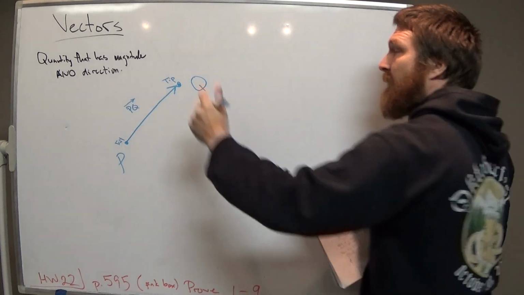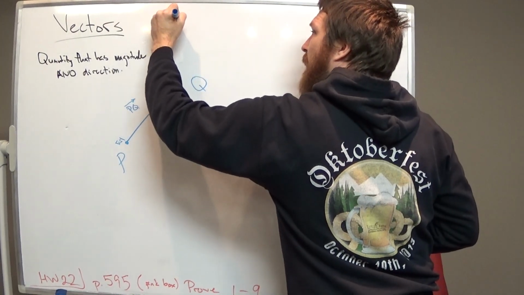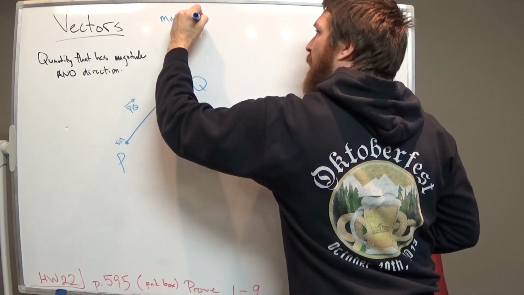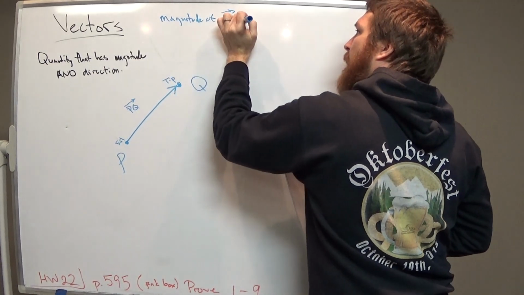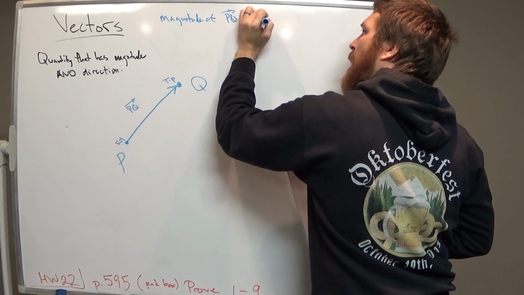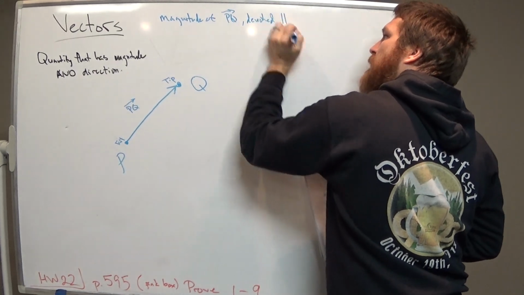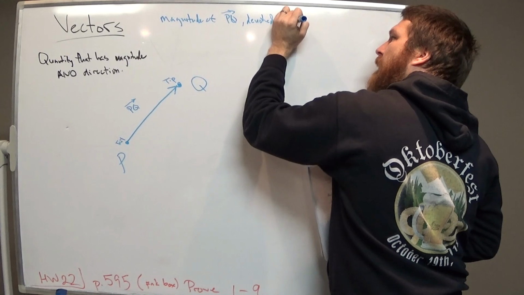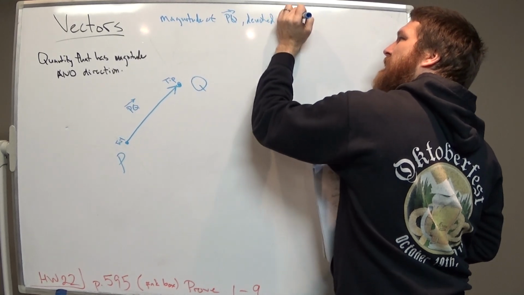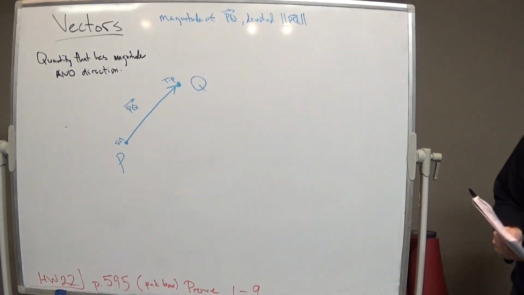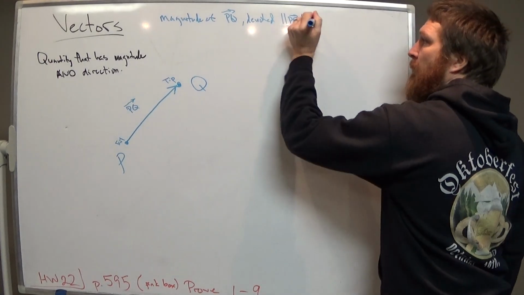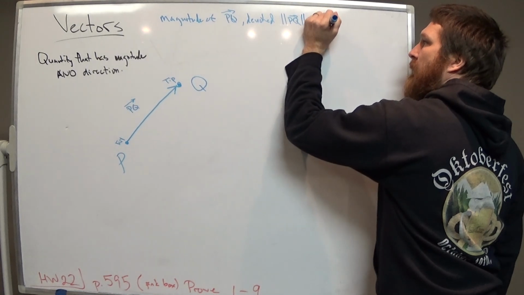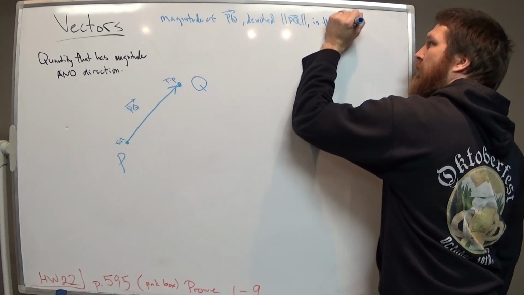The magnitude of the vector PQ is denoted with 2 bars like that. You put whatever the name of the vector is in the 2 bars. And it's just the length. Okay?